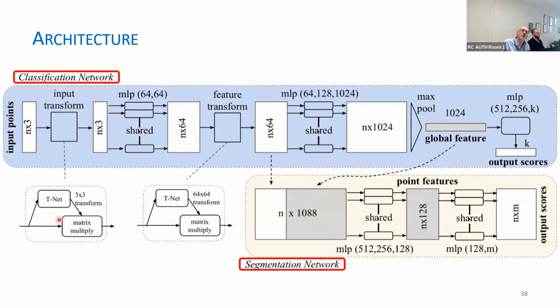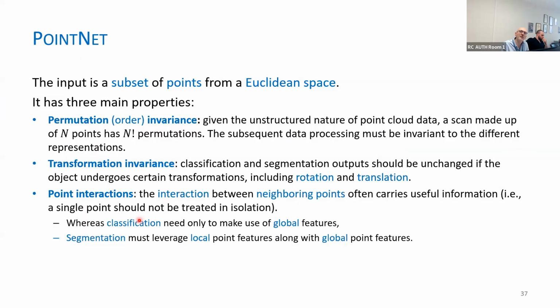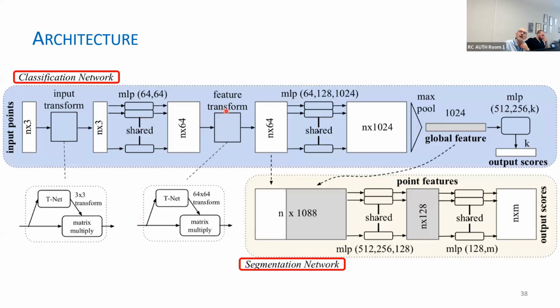These two are networks that are used for realizing this invariance through geometric transformation. And this is applied in two different points: on the geometry of the input, and also on the feature space. But we can go step by step.